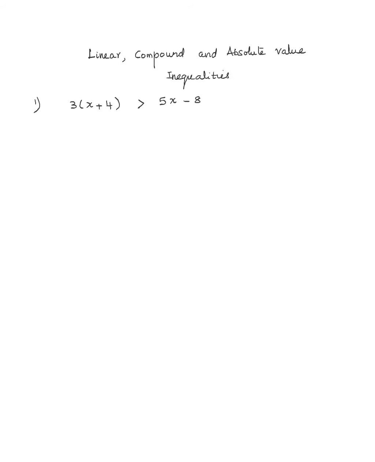So first we have to clear the brackets by using the distributive property. So 3x plus 12 is greater than 5x minus 8. Now we are going to group all the variables together. So I'm going to subtract 5x from both sides.